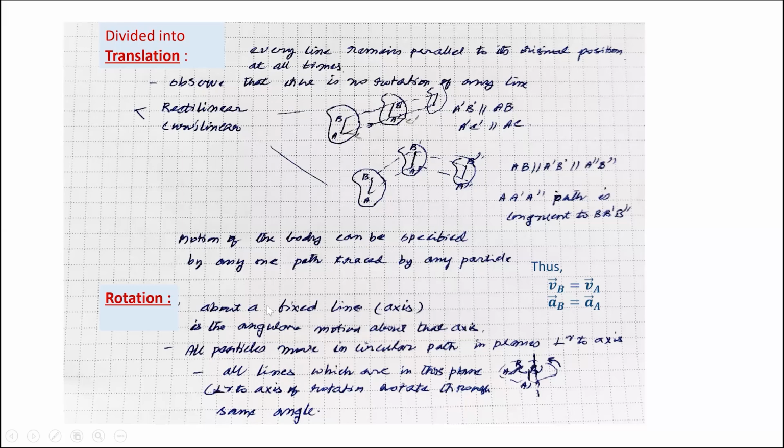Okay. So finally the sum is that if you know the velocity of A, the velocity of B is the same. And if you know the acceleration of A, you can find out the acceleration of B, it is the same. So this is the property of the translation.